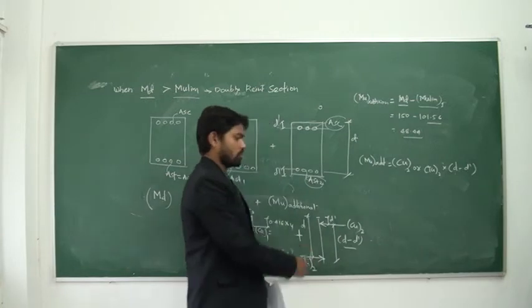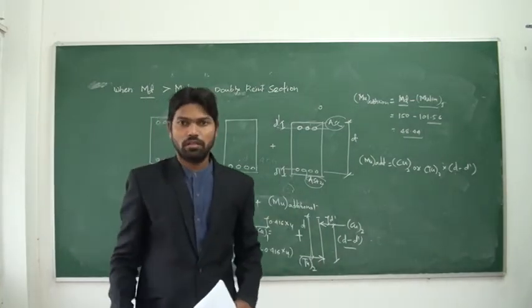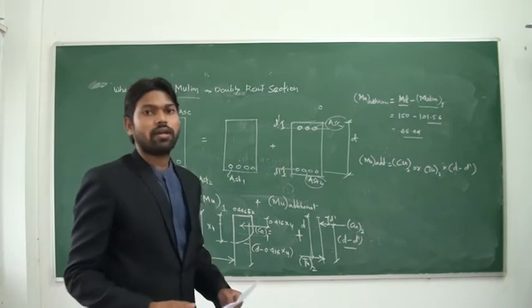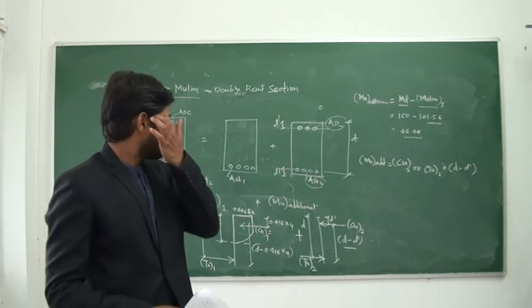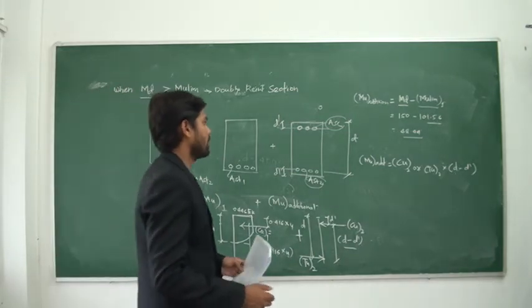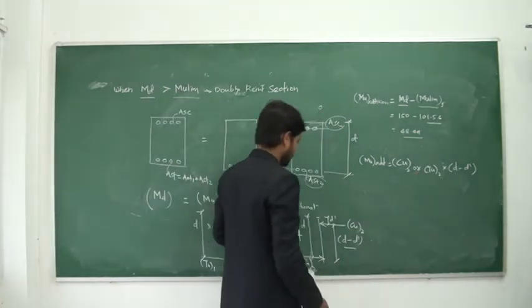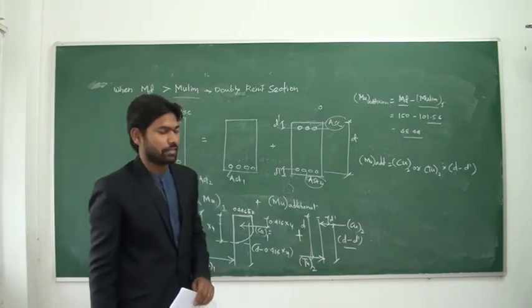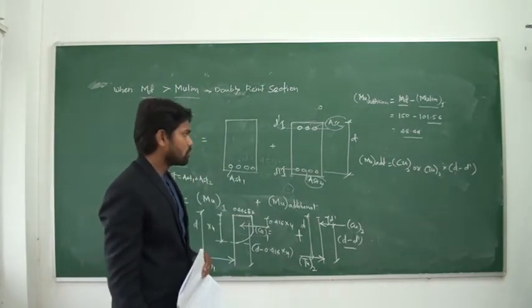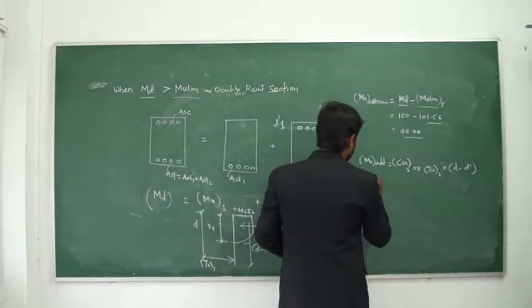These two equal and opposite forces cause a couple acting on the same body, and that is your additional moment of resistance developed by this ASC as well as AST2, calculated as Cu2 or Tu2 multiplied by d minus d dash. Okay, so how to calculate that Cu2? Cu2 means the compressive force caused by ASC.